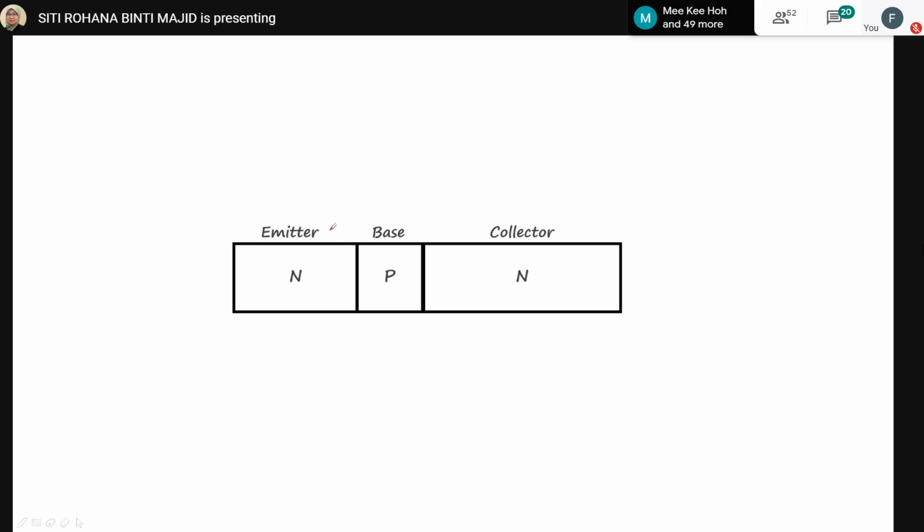The middle P type is the base, which is lightly doped, so the number of holes, the majority carrier in this layer, is quite small. The base lies between the wider emitter and collector regions, but it is quite thin compared to them.